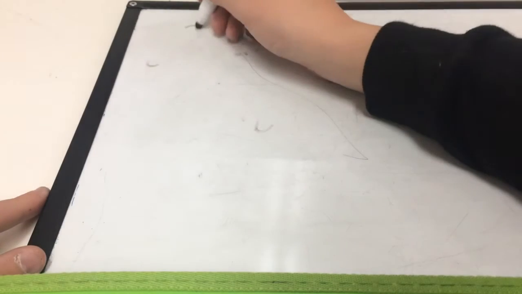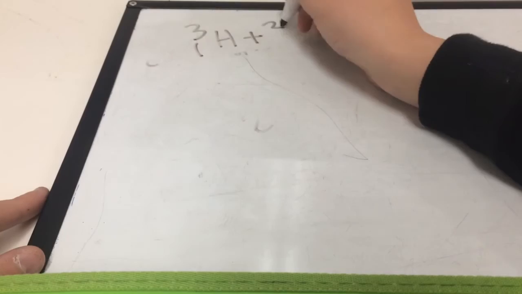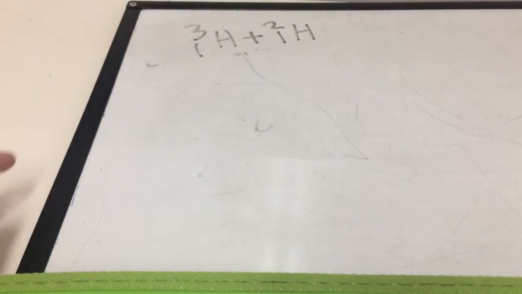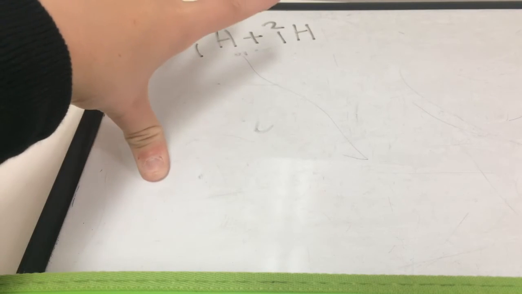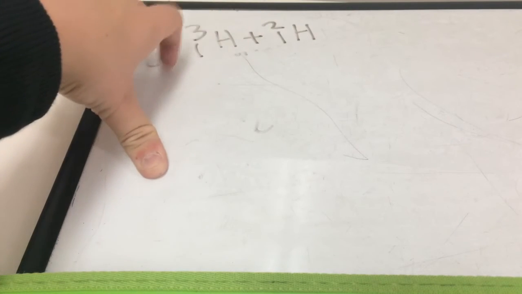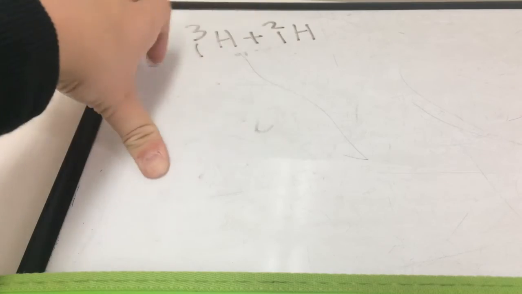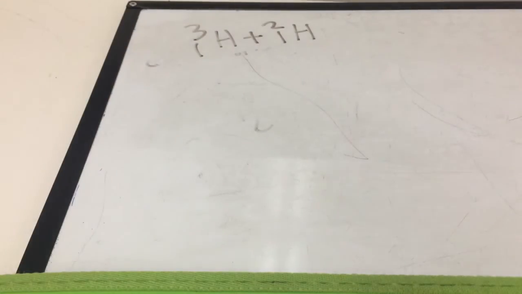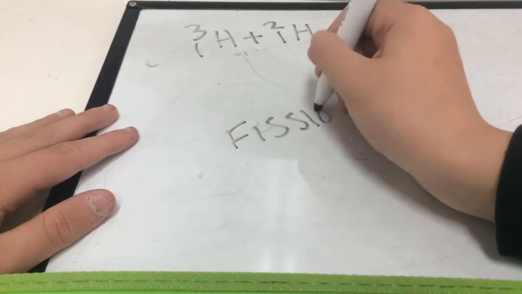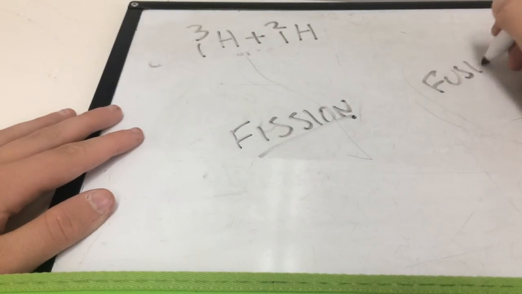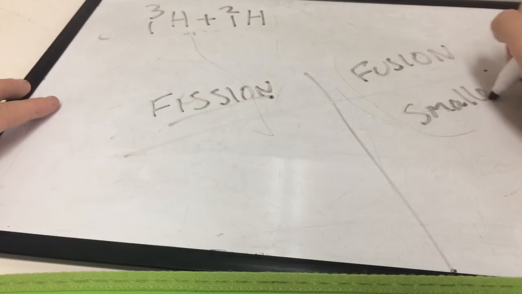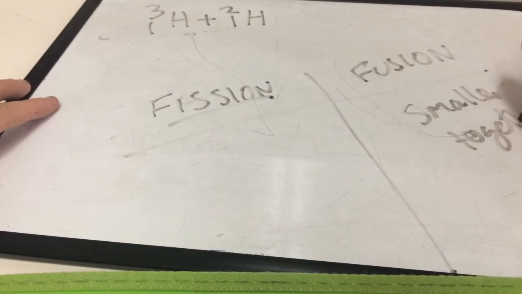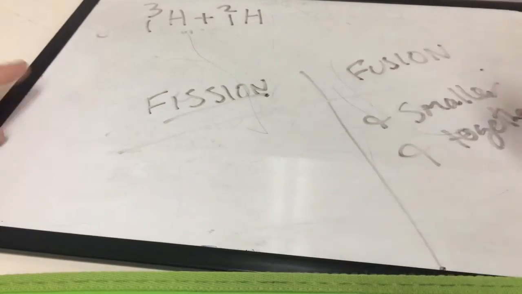The next one is a fusion reaction. Fusion, as discussed earlier, produces a lot more energy. In a fusion reaction, we're fusing 2 smaller nuclei together instead of splitting a big nucleus like in fission. Fusion: smaller and together.